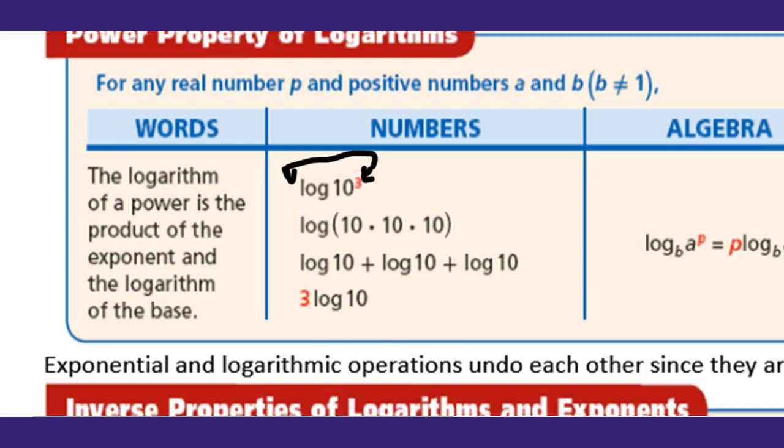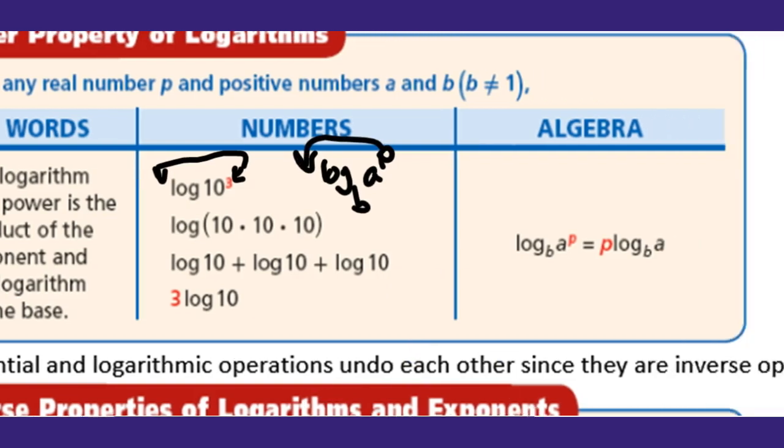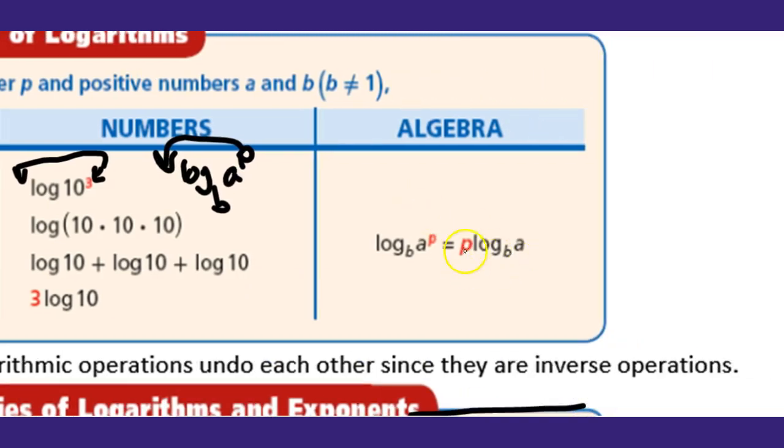Move that exponent out front when A has an exponent, because remember, we have log, our base, then A. When A has a power, move the power out front. Use these rules, they are very straightforward.